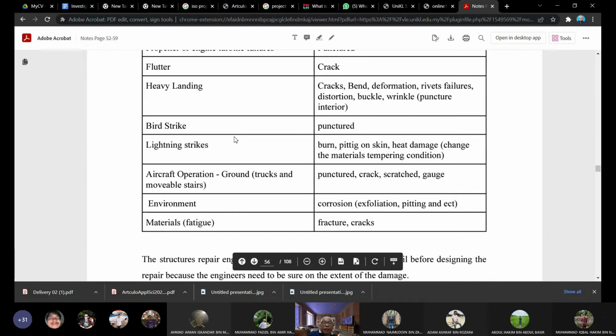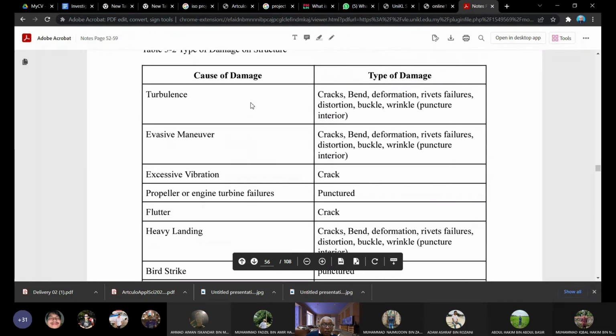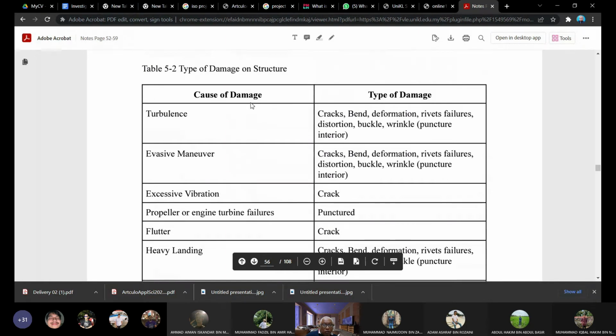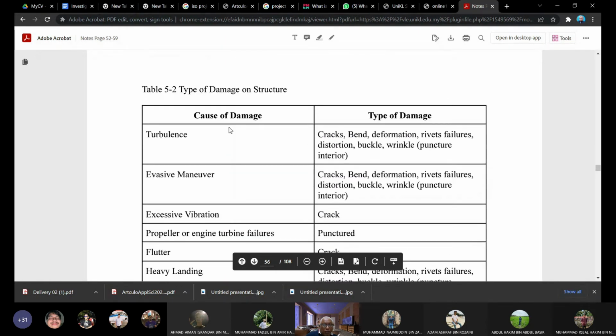Environment: corrosion. There are many types of corrosion, exfoliation, pitting corrosion, and so on. Material fatigue is fracture and crack. So those are the potential causes of damage and the types of damage occurring in the aircraft throughout their operation cycle.